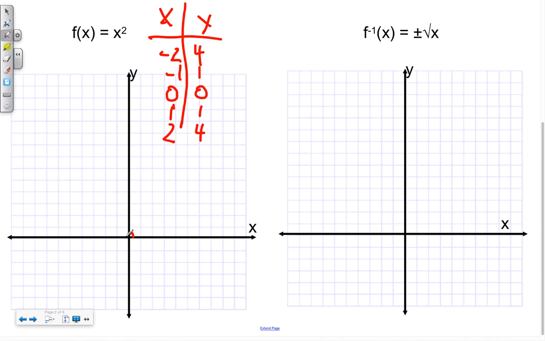So we have 0, 0, 1, 1, negative 1, 1, 2, 4, negative 2, 4, and you can keep going if you want. 3, 9, and negative 3, 9.